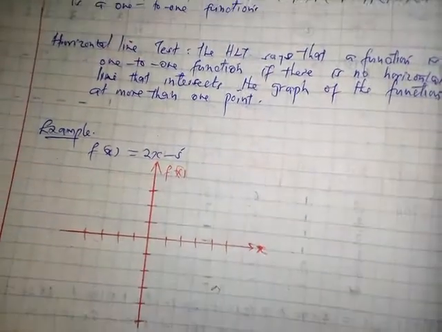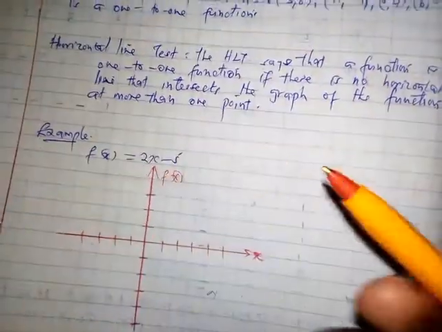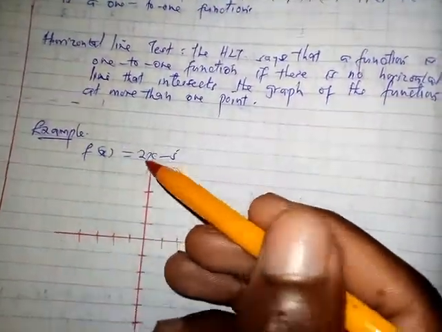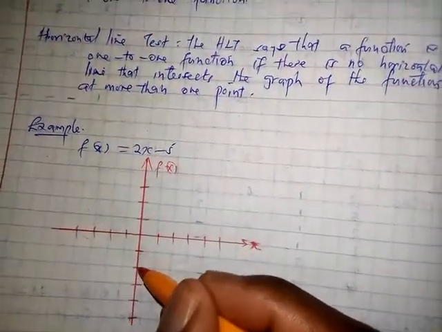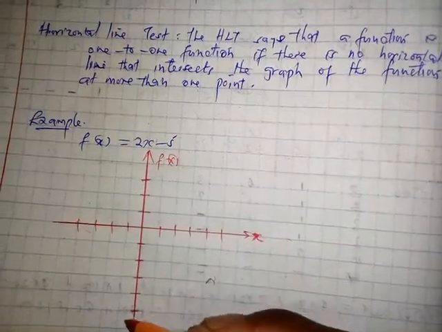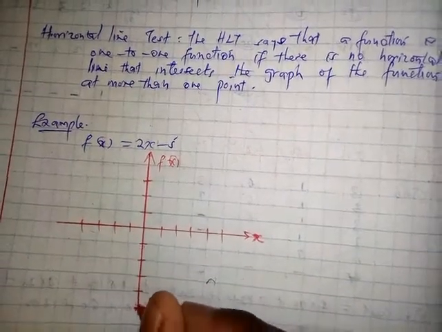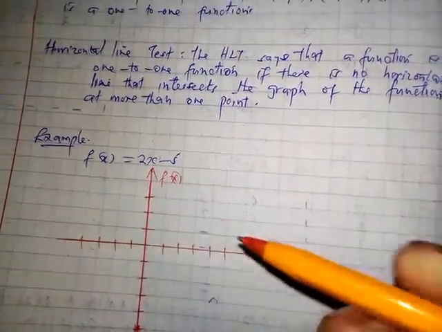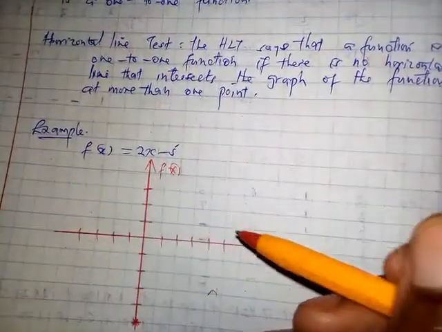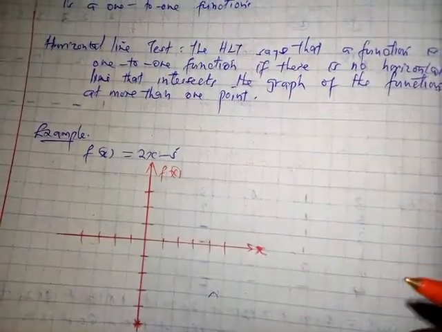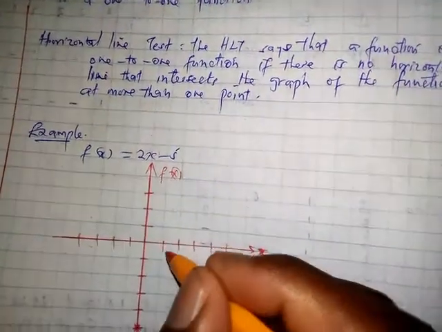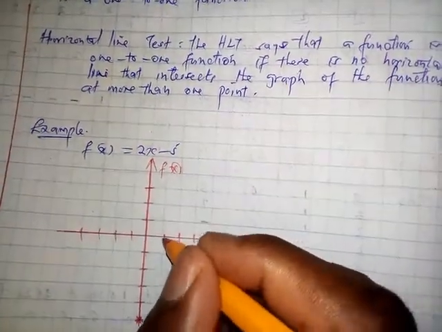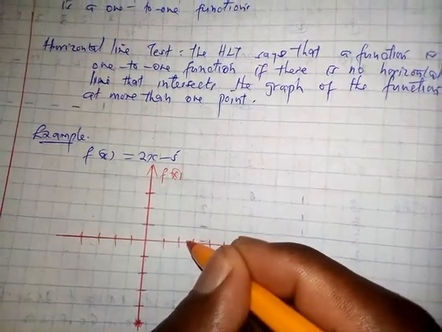We can plot it by choosing any values. When x is equal to 0, f(x) is negative 5. When f(x) is equal to 0, x is equal to 2.5.